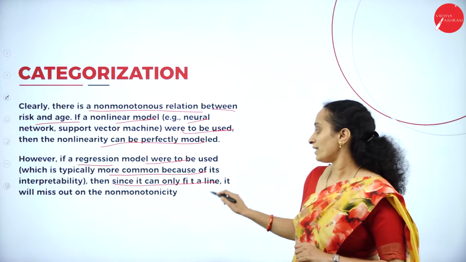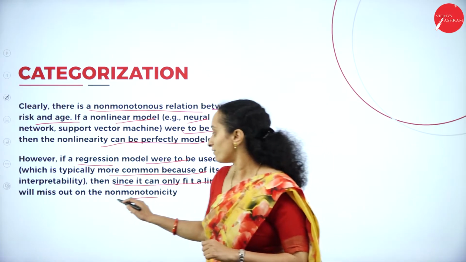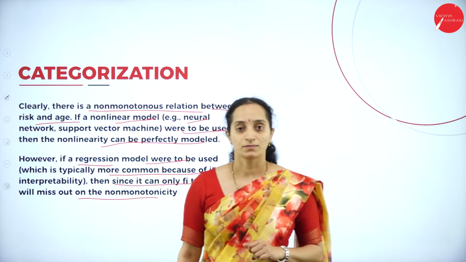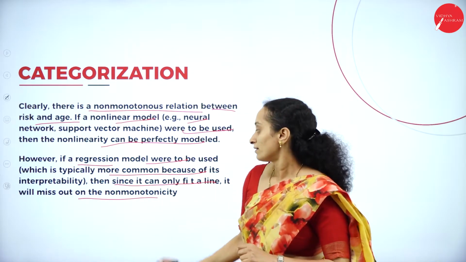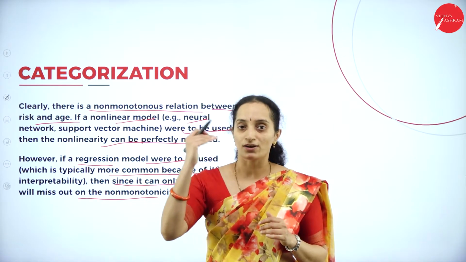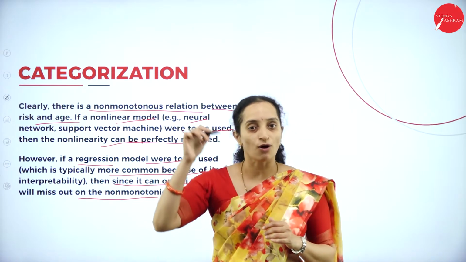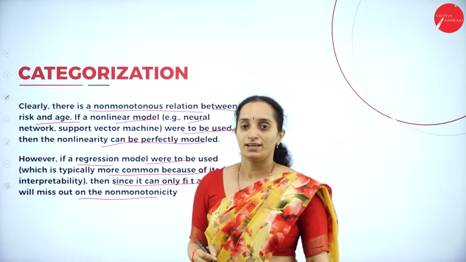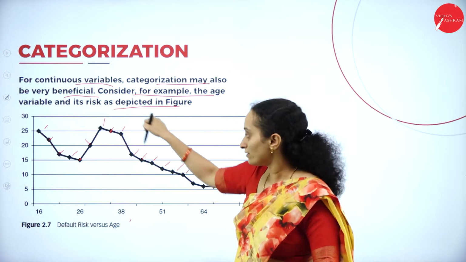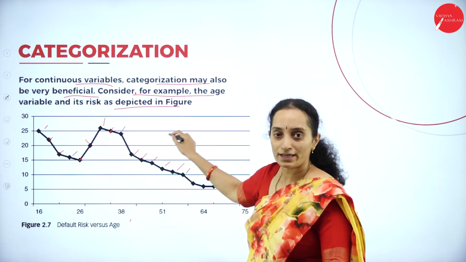Since it can only fit a line, it will miss out on the non-monotonicity. That means the regression model will not be able to calculate the range of values with non-monotonous variables. Like if you say this is not a straight line, neither decreasing nor increasing.